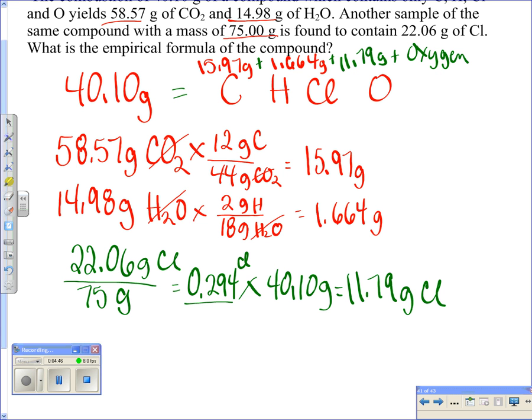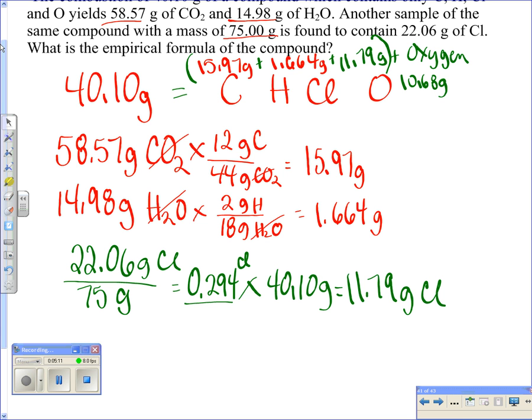So I just add those 3 up and subtract it. And so if I take all of this, subtract that from 40.1, I end up with 10.68 grams of oxygen. So all of those together are going to equal 40.1.